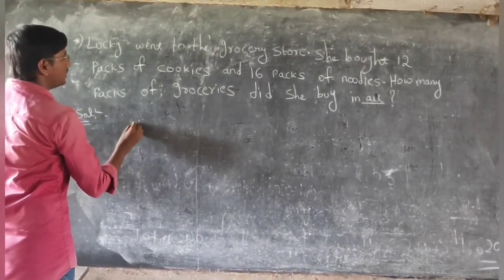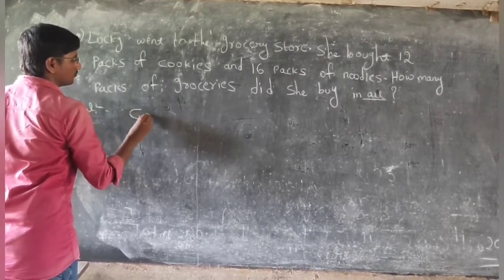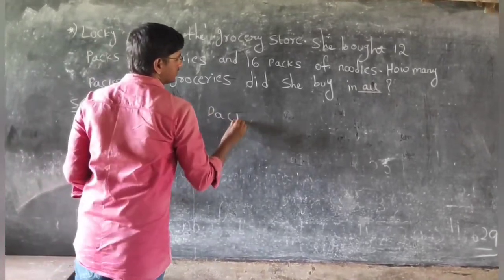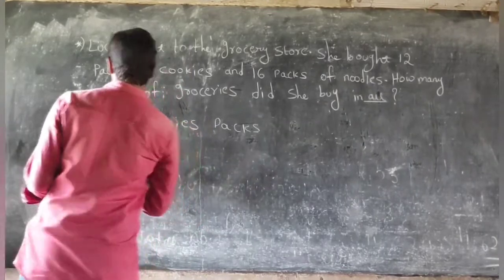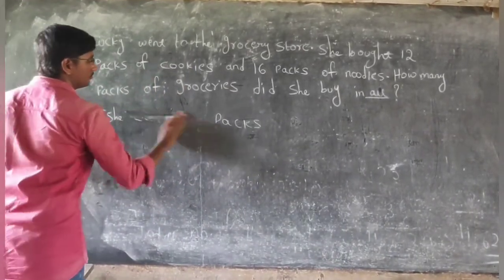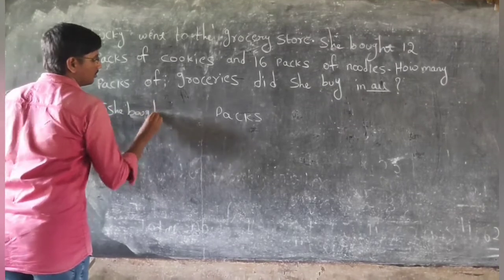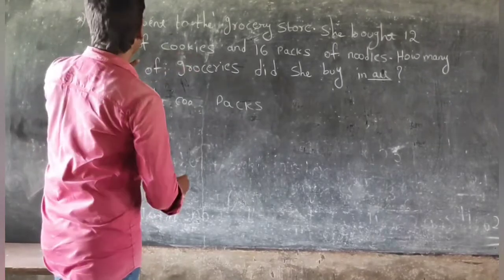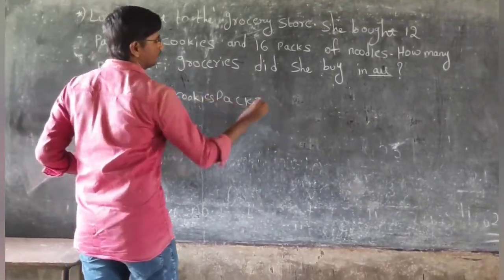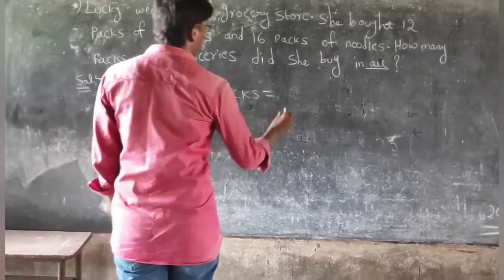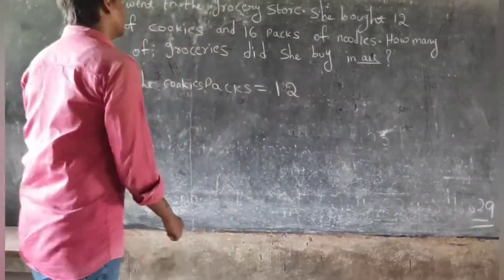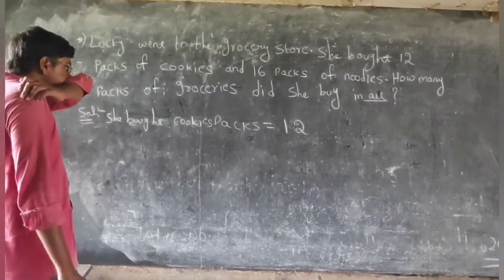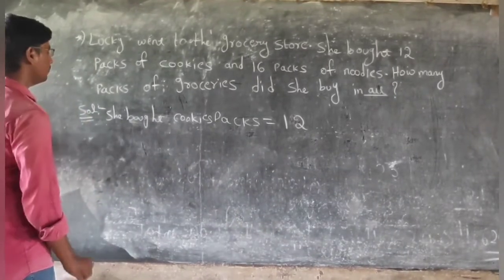Okay, packs of cookies. She bought cookie packs. How many cookie packs? Is equal to 12. Next one, 16 packs of noodles.